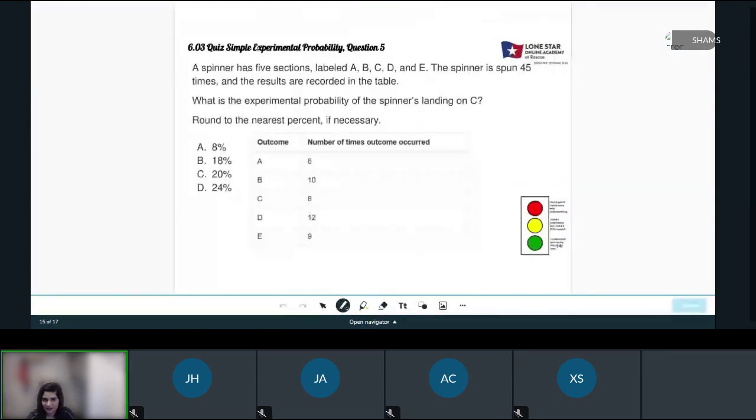A spinner has 5 sections labeled A, B, C, D, E. The spinner is spun 45 times. So I know this experiment was conducted 45 times. 6, 10, 8, 12, 9 added up to 45.